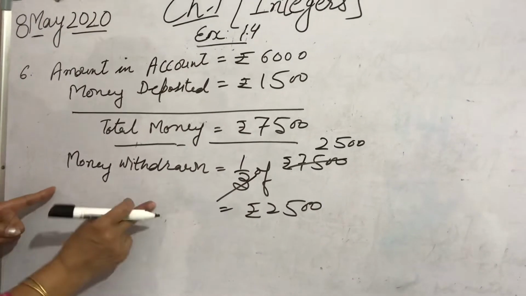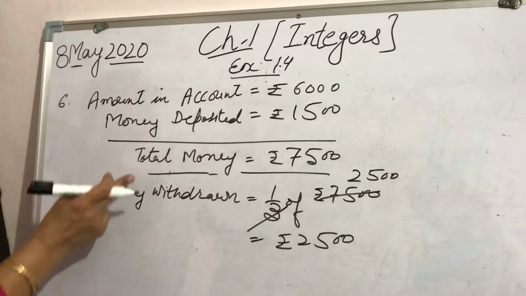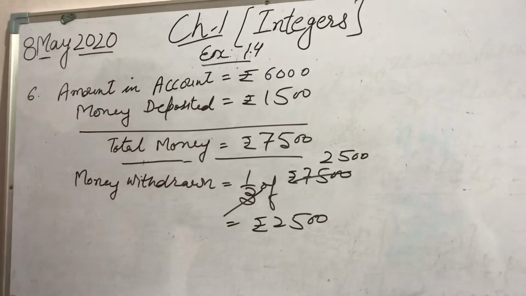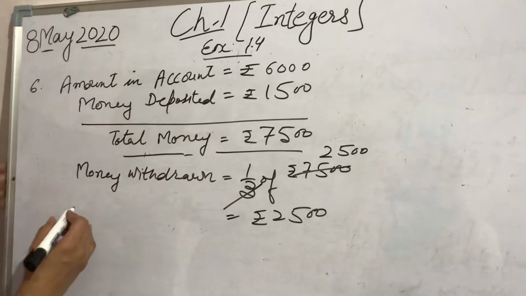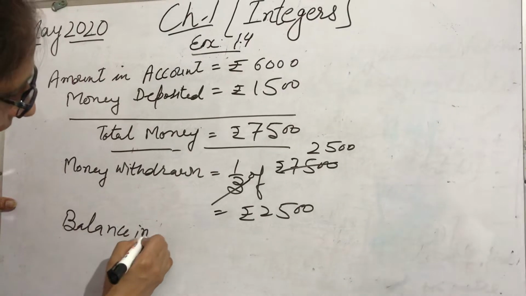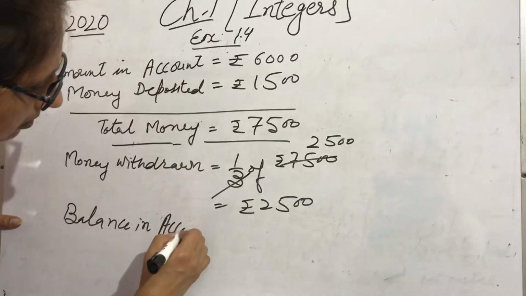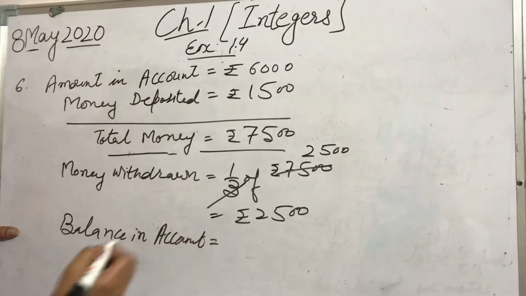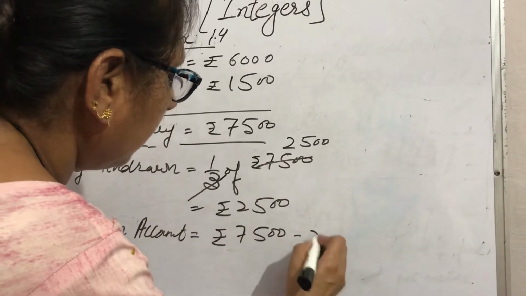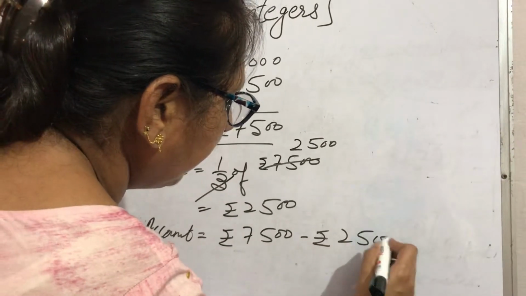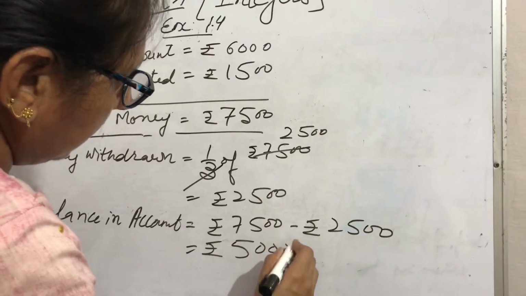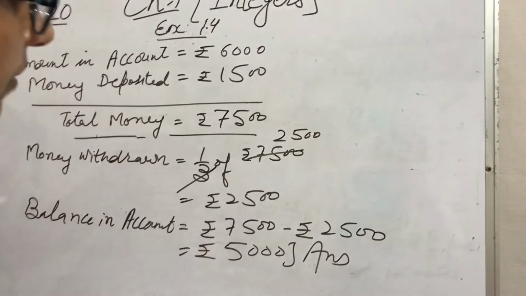So money withdrawn is 2,500, and total money after depositing was 7,500. Now we have to find what is the balance in the account. So balance in account is 7,500 minus rupees 2,500, it was rupees 5,000. This is the answer we have to find.